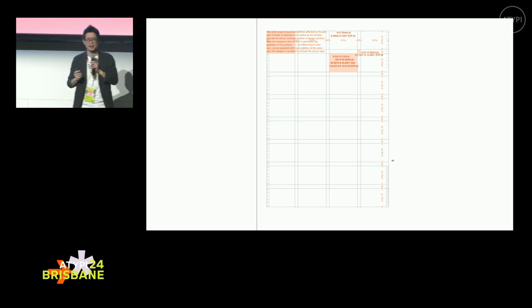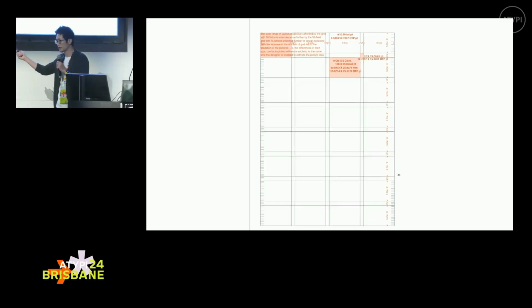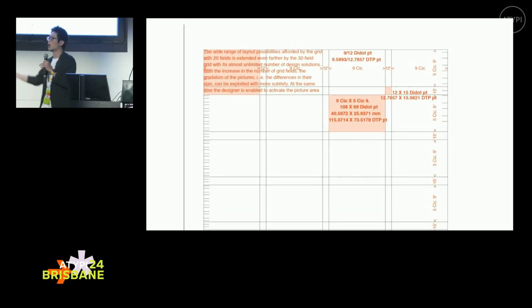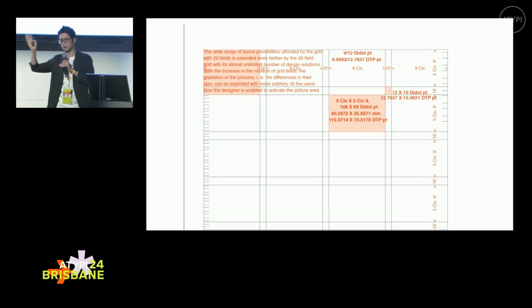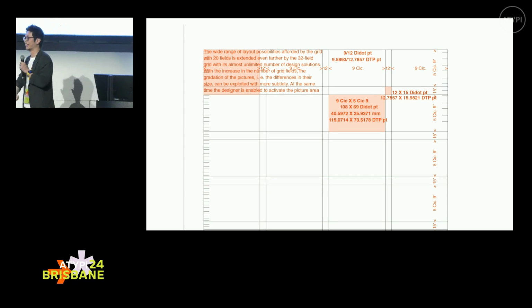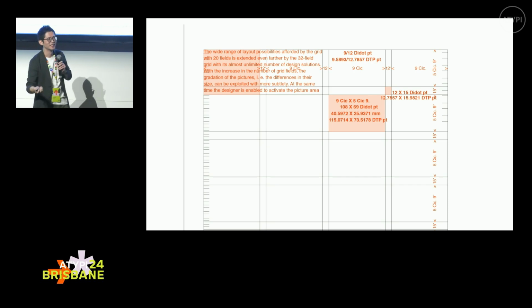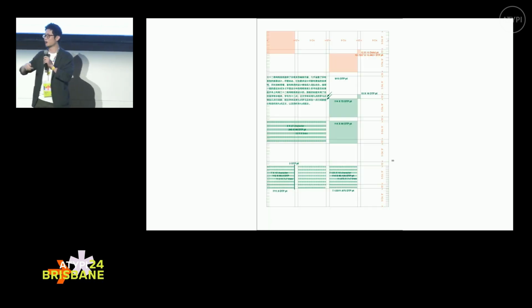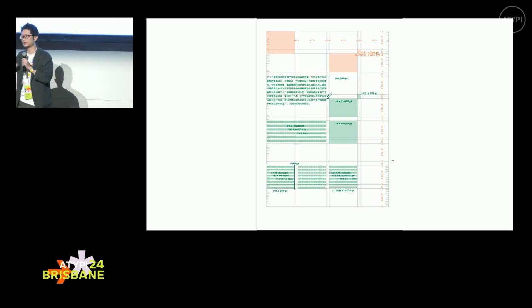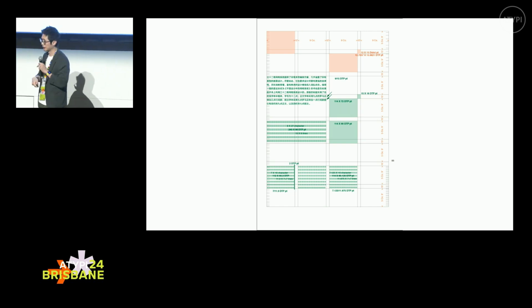So my task is first to analyze its original one and set the Chinese one on its grid, which is very difficult because it was written several decades ago. You can see he said in Cicero, he said in Didot points. What was that? And how can we rebuild it in InDesign?